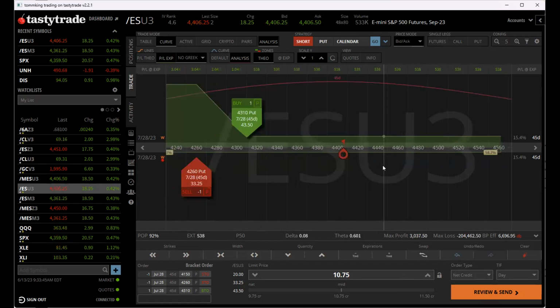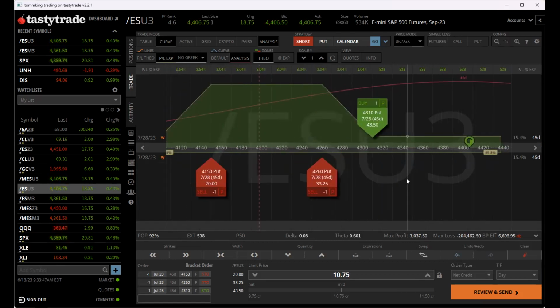So let's take a look at how this trade shapes up. Right, so here's the shape of this particular trade. As you can see here, if we sold it for 10.75 credit, if we expire in the tail, which is this part up in the top here, this small thin part, that's the tail. If you expire anywhere in here, we're going to keep right now $538 because again, we're on ES, 50 multiplier, on a $10.75 trade.